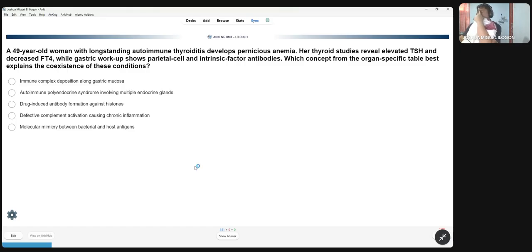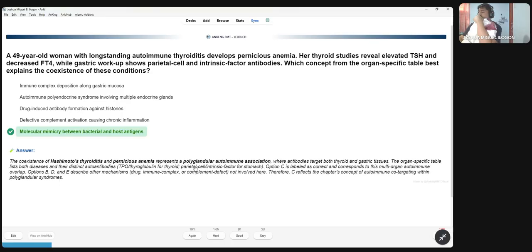So if elevated TSH, this time, what? Oh, this is the one. Coexistence, Hashimoto's.